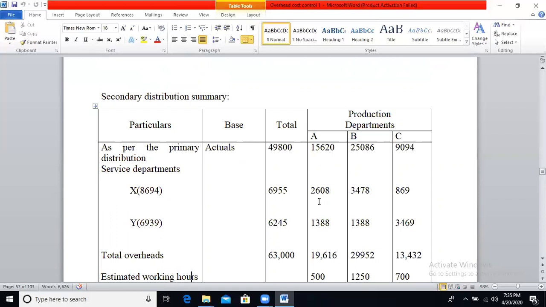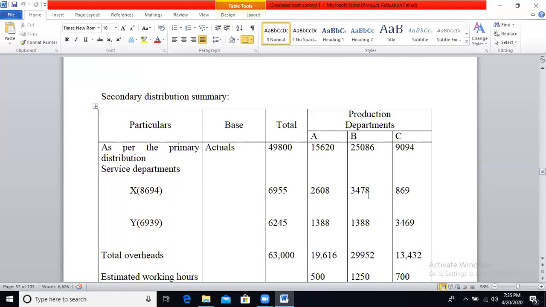Now, for the first department, department A, the value of X should be reapportioned at 30%. So 8,694 into 30%, if you calculate, you will get 2,608.2. So take the rounded value 2,608. For department B it is 40%.